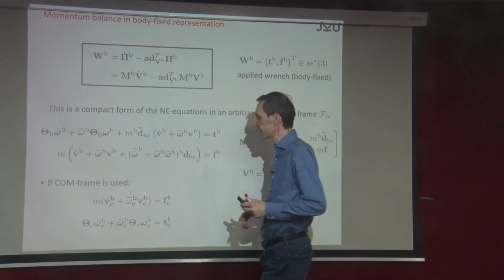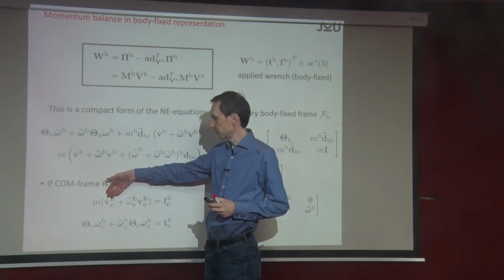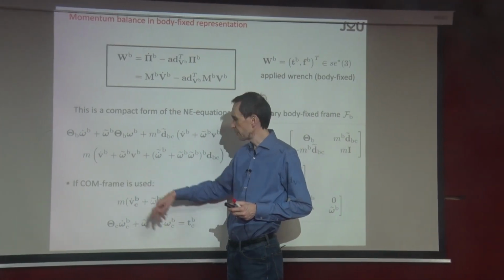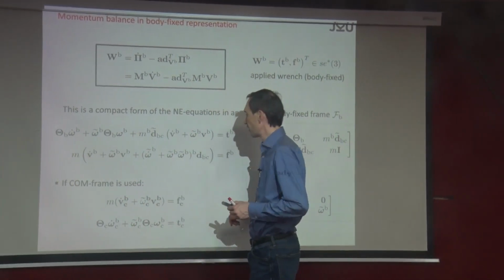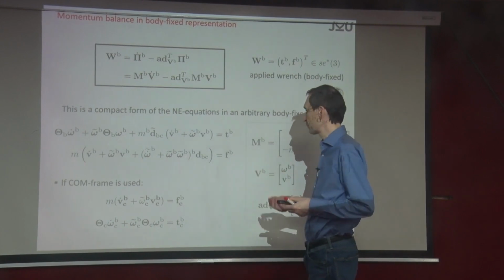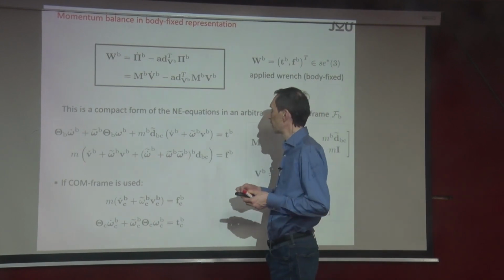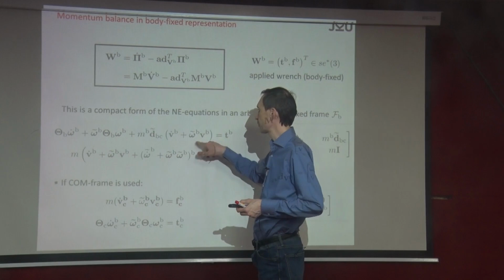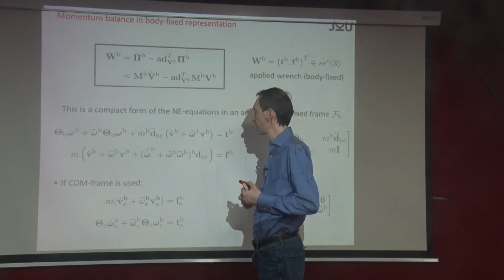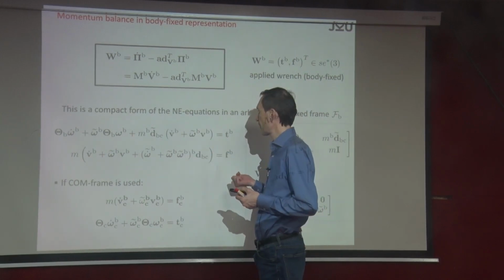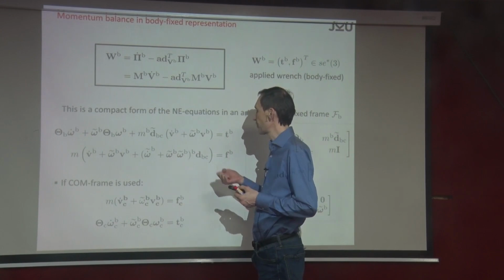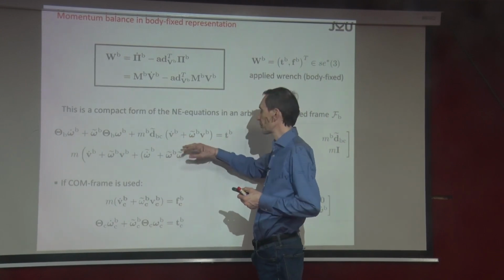What I was saying is that this is the time derivative of the velocity expressed in the body fixed frame, when we use the center of mass frame. But this time derivative business applies to any frame. So essentially this is again the time derivative of the velocity of the body fixed frame expressed in the body fixed frame, and this is the additional term.